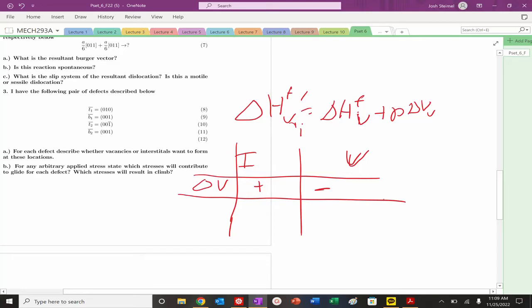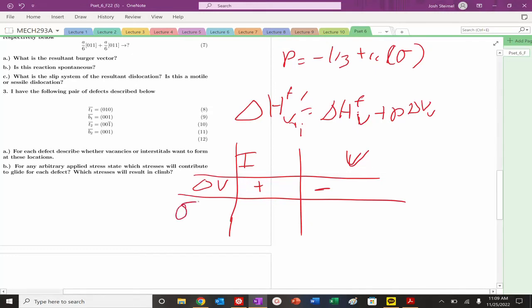We also know that our pressure is equal to minus 1/3 of the trace of our stress tensor, which is going to be basically our normal stresses.